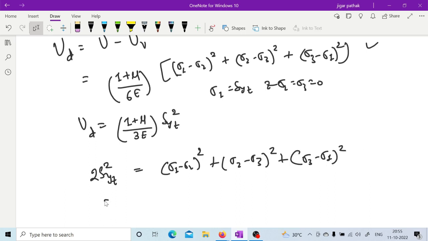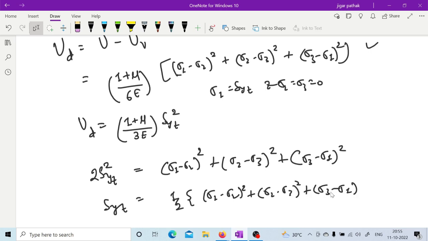So from this you will find that SYT is nothing but under root of 1 by 2 times [(sigma 1 minus sigma 2) square plus (sigma 2 minus sigma 3) square plus (sigma 3 minus sigma 1) square]. Under root of this will be your SYT.